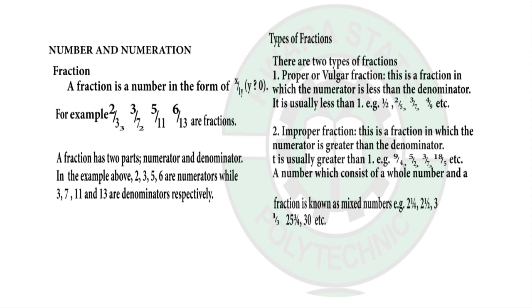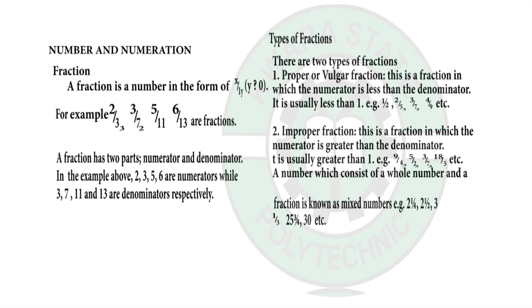A number that consists of whole number and fraction, we call it mixed number. It is common to convert improper fraction to mixed number. For example, 5 over 2, I can convert to give me 2 whole number 1 over 2. That gives me a mixed number.